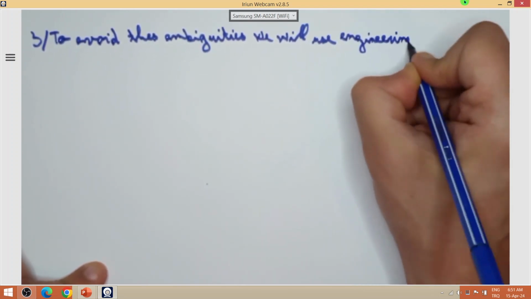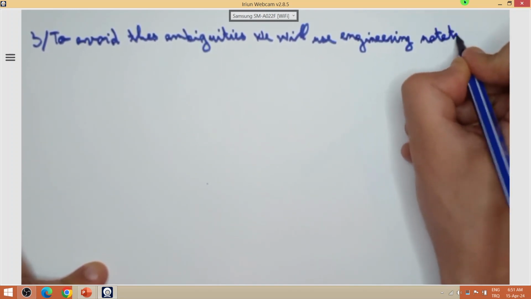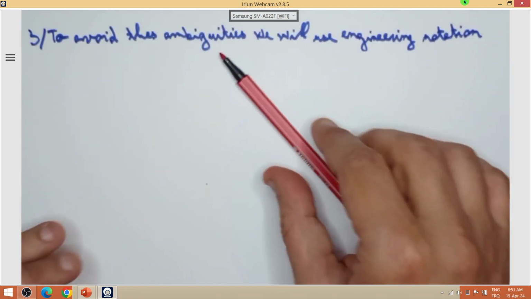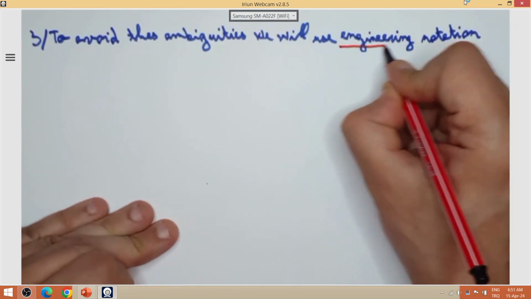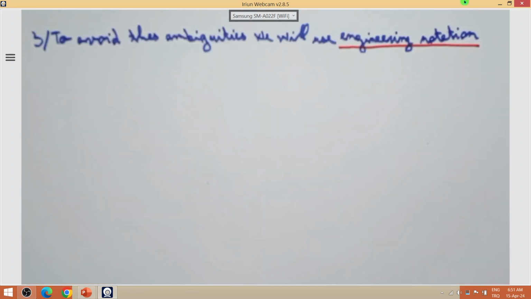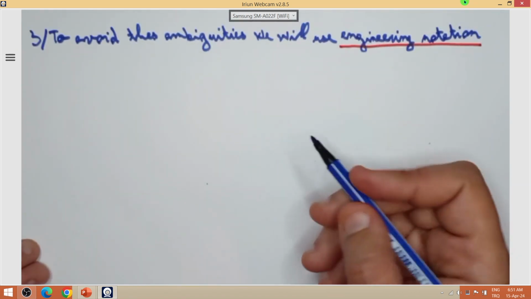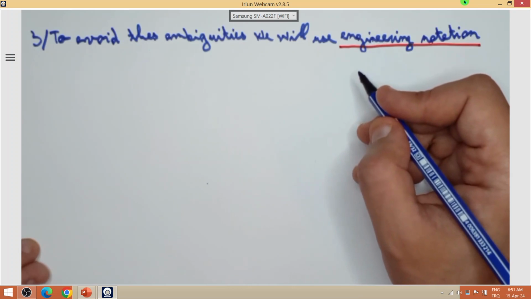Engineering notation, and I will underline engineering notation with a red pen. So to avoid the ambiguities, we will use engineering notation to report a result.